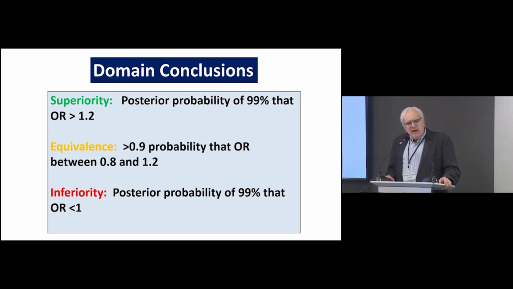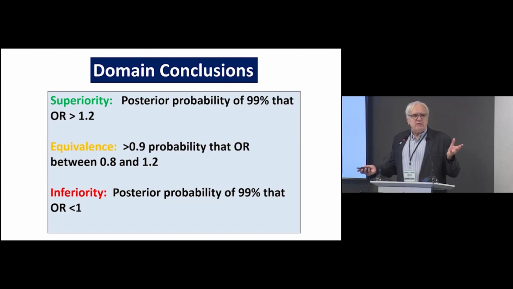We conclude superiority once the posterior probability in a Bayesian framework is 99% that the odds ratio is greater than 1.2. Equivalence, when there's a 0.9 probability the odds ratio is between 0.8 and 1.2. And inferiority, if there's a posterior probability of 99% that the odds ratio is less than 1.